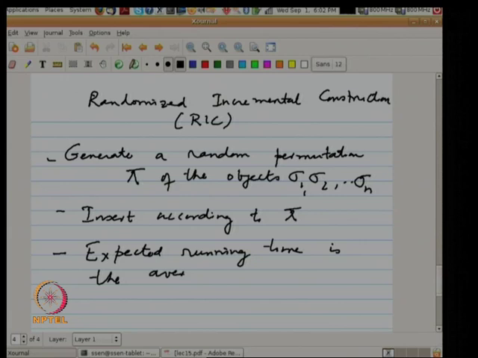Let me just write it mathematically: the summation over all pi, times 1 over n factorial, which accounts for the number of possible permutations, of the time corresponding to pi. This is just some equations, there is no meat in it at this point.